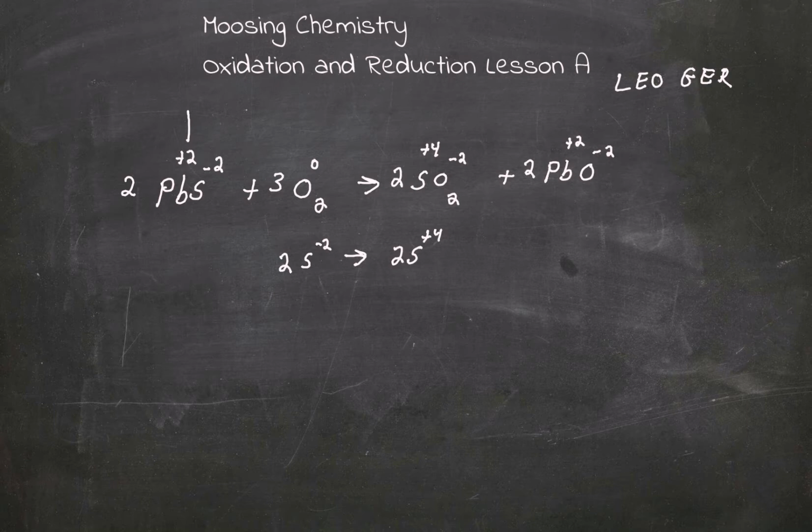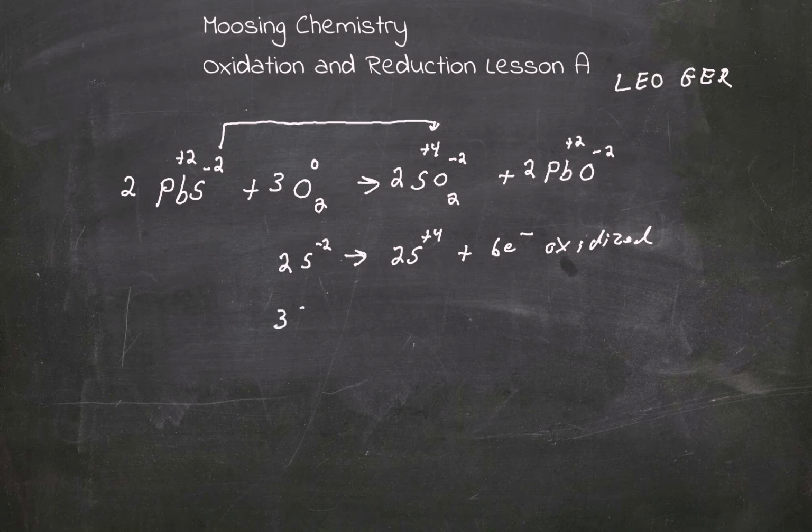So we're going from a minus 2 charge to a plus 4 charge. So we're actually going to gain 6 electrons. So if we gain 6, actually, we're actually losing 6 electrons. My apologies. So we're oxidizing. We oxidize 6 electrons.